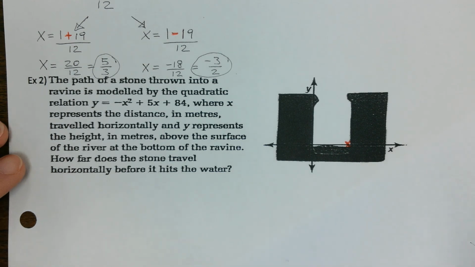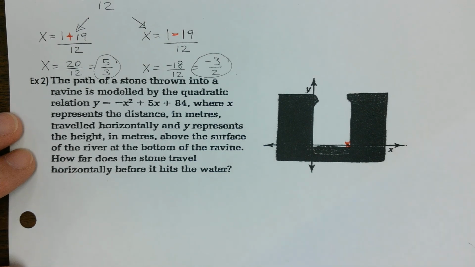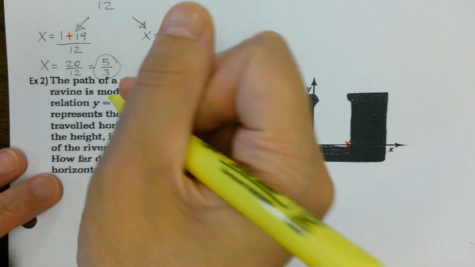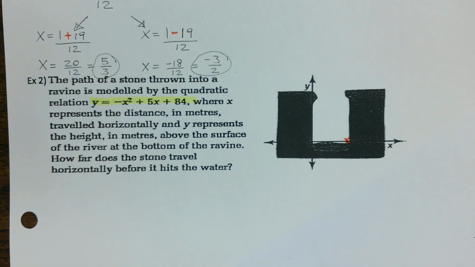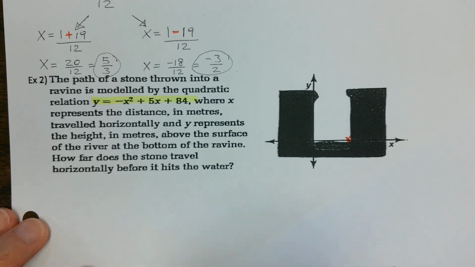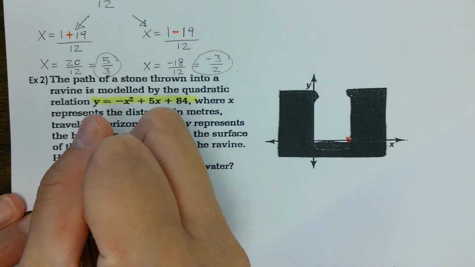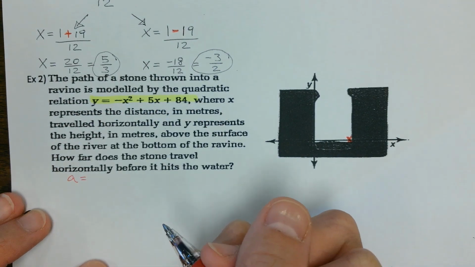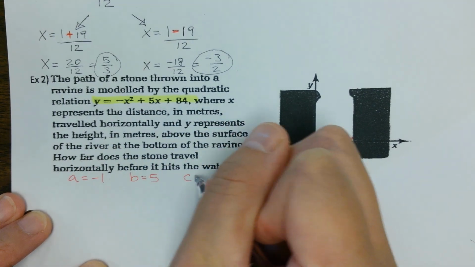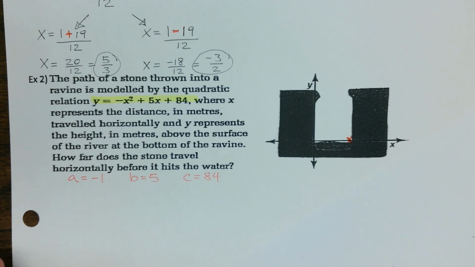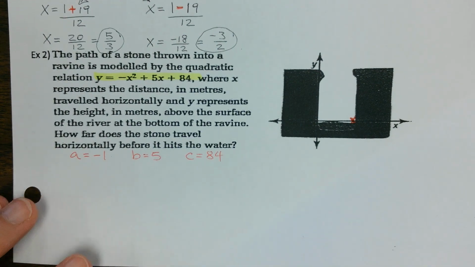Quadratic formula. Okay, good. So here's my equation. Okay, so what's A, what's B, and what's C? A is, B is, C is. Perfect. Okay, substitute it into the formula. Try it.